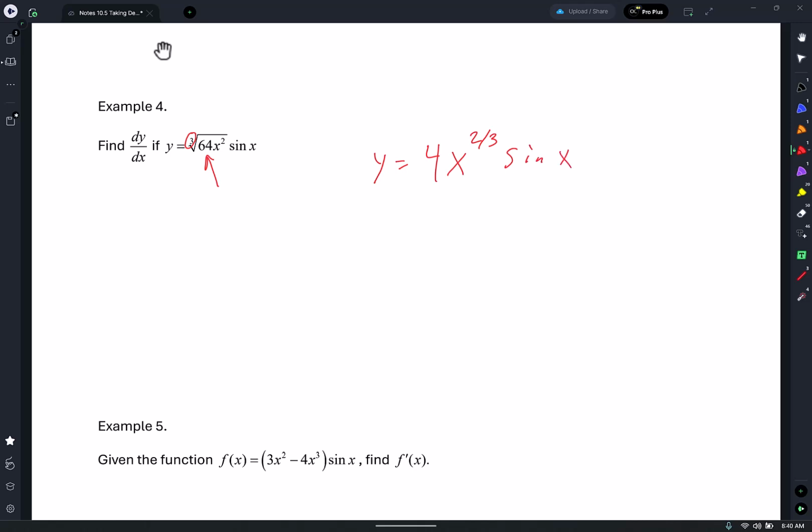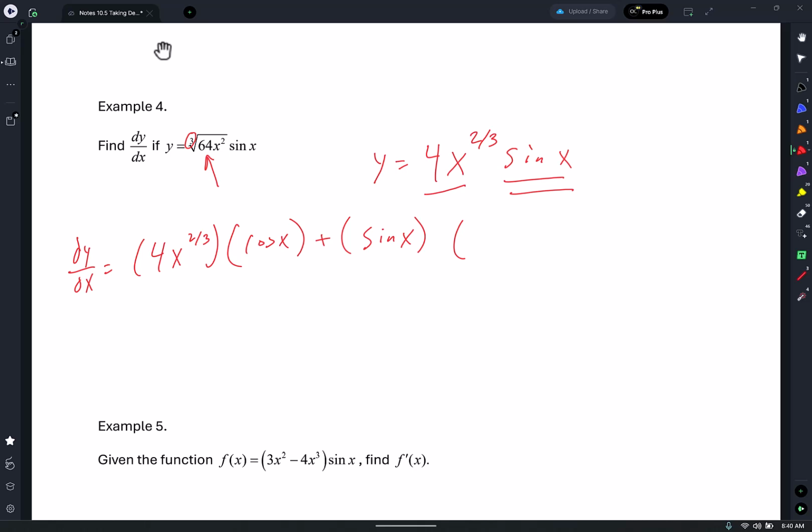Now we're going to do the product rule. First, second. So here we go. dy/dx equals first. I guess technically you could have also written it as 4 and then leave the cube root with the other, but that's fine. Times the derivative of the second. What's the derivative of sine x? Plus the second times the derivative of the first.